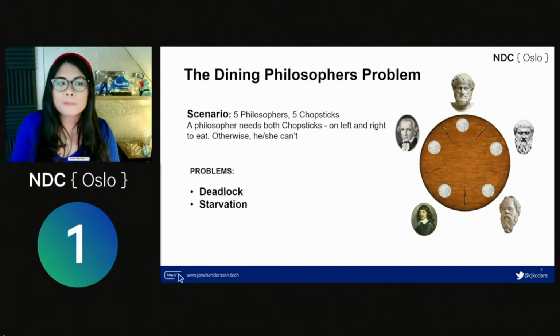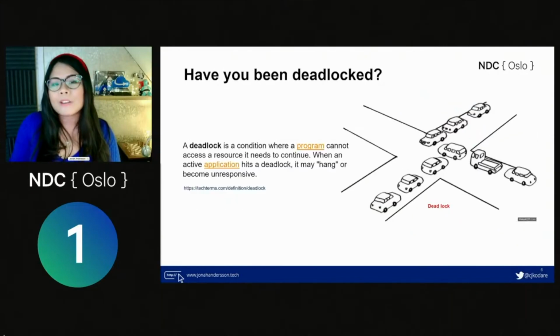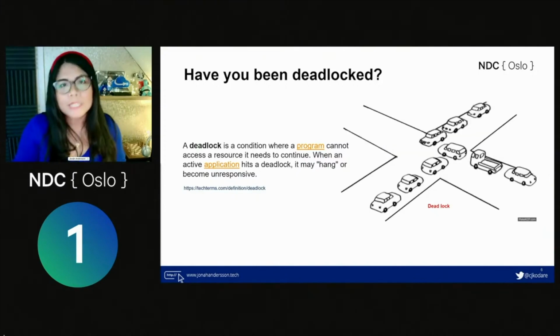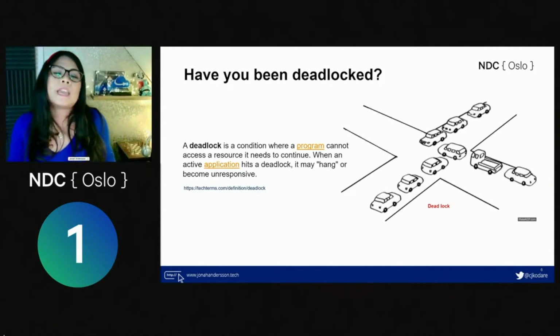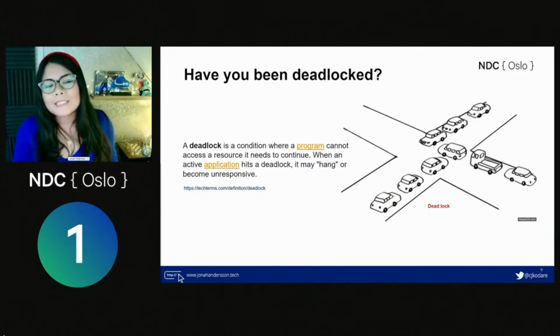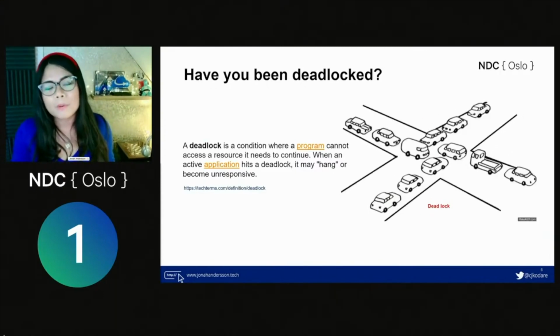So, what's my point in this philosophers theory? In programming, as someone who works in development daily, one of the challenges I experienced when I was beginning programming was dealing with concurrency or deadlock problems.